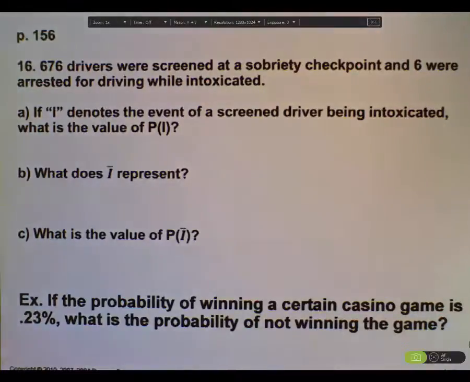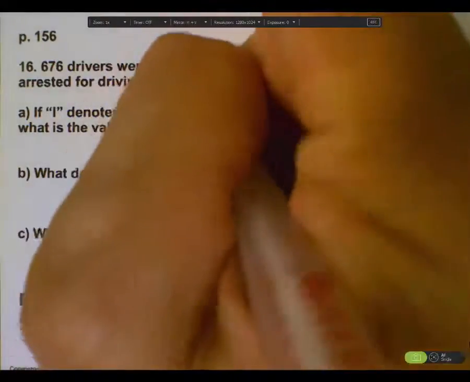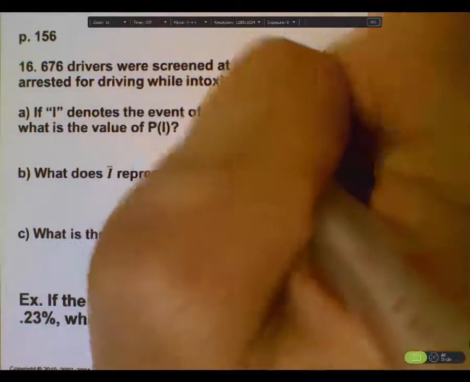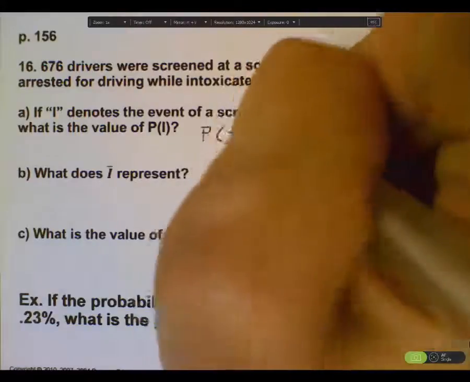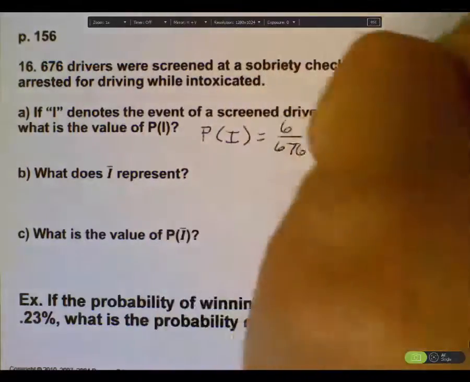Well, the probability of I is the probability of finding a driver who's intoxicated, and there were 6 intoxicated drivers out of 676. So that's very straightforward. The probability is 6 out of 676.